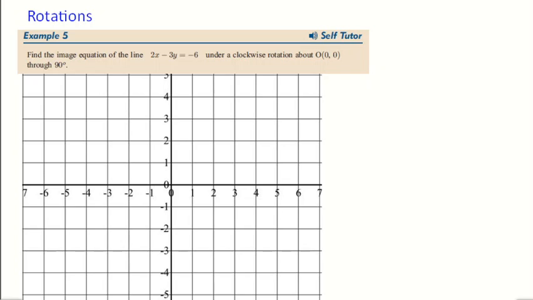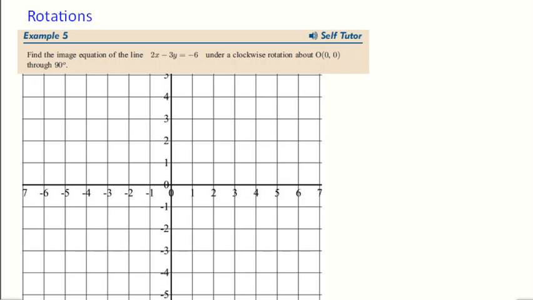So for our final rotation example, we're going to have an equation of a line. So we have this line, whose equation is 2x minus 3y equals negative 6. And it's undergoing a clockwise rotation about the origin, 0, 0, through 90 degrees.